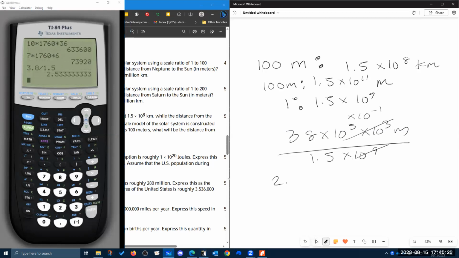It's 2.53 repeating times 10 to the negative first meters, which is going to be 0.253 repeating meters, or we could call that 25 1/3 centimeters, because it doesn't tell us how to answer it, so we can answer it exactly that way.